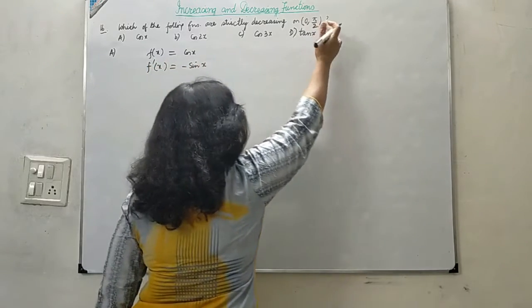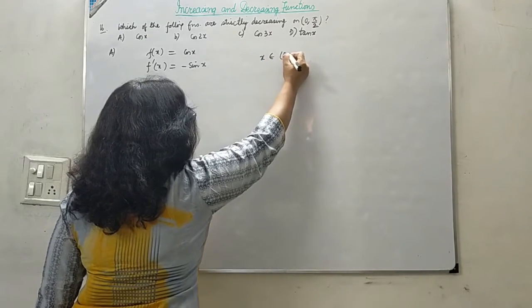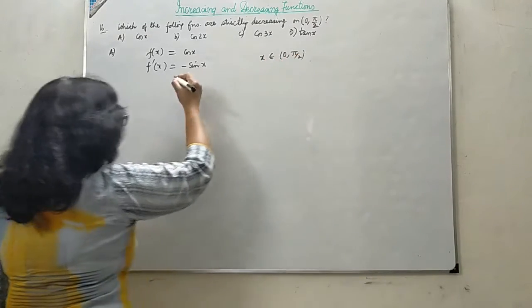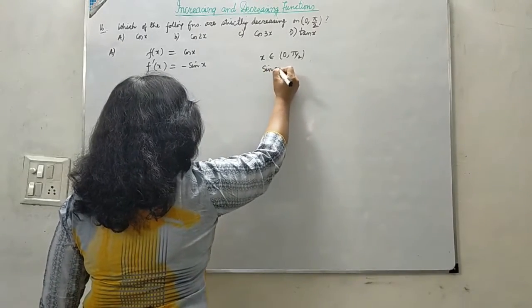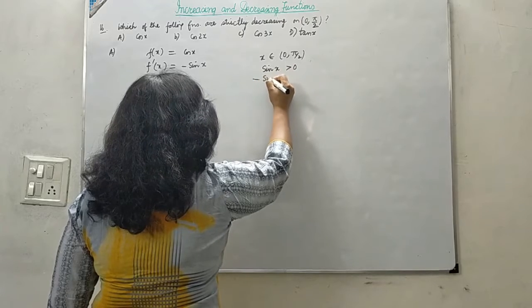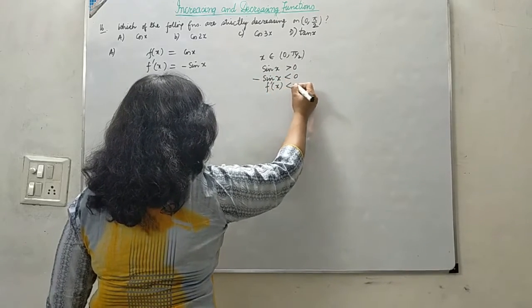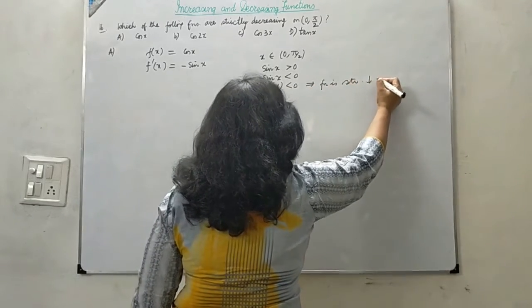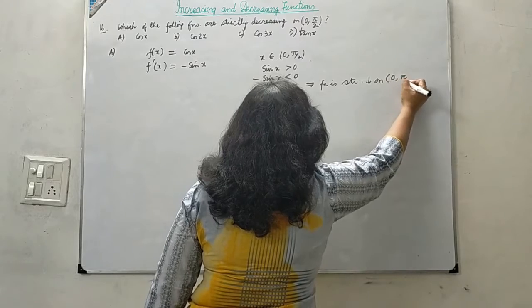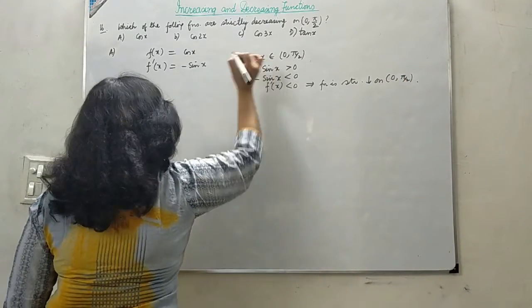As the interval is given as first quadrant, x belongs to 0 to pi by 2, and we know that sin x is a positive number, so minus sin x will be negative, so f dash x will be negative. Therefore the function is strictly decreasing on 0 to pi by 2. The first one is simple.